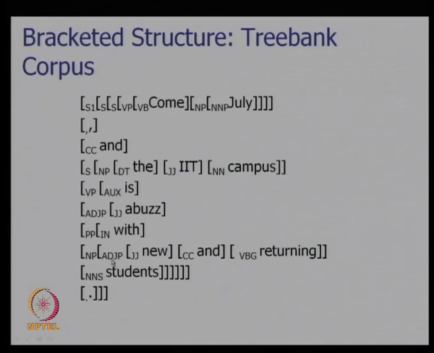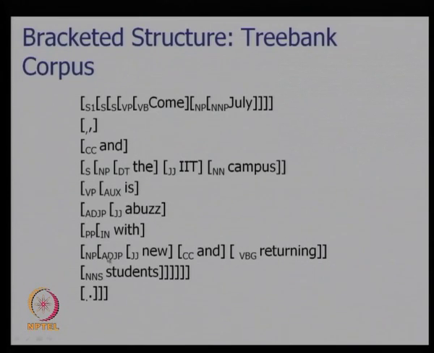Now, new and returning is a complex adjective phrase with two adjectives, new and returning, linked with and. Returning is a gerundial verb as indicated by VBG, but it actually has an adjectival role. That is why it can combine with an adjective through a conjunction CC and produces the adjective.